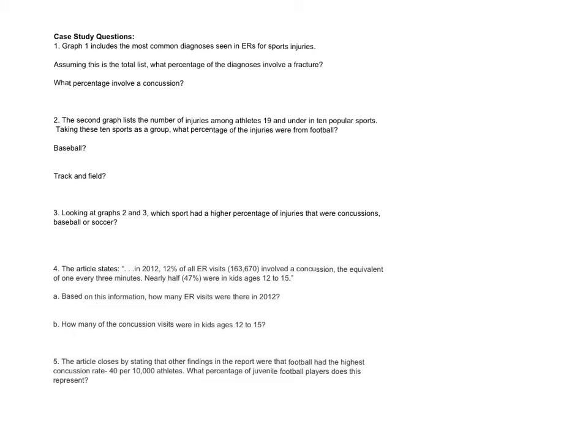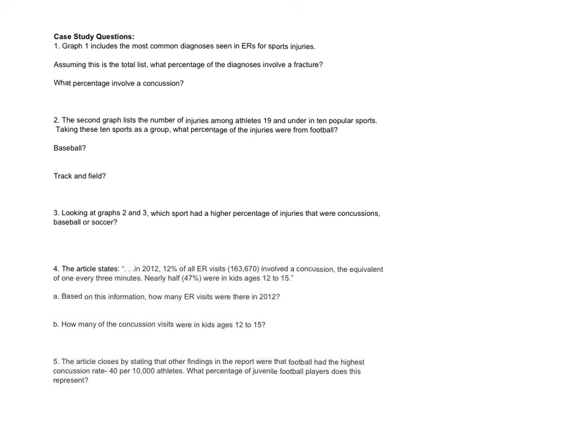So do your best to write out where you're getting the information and how you're computing your percentages and answering the questions. Okay? So write out as much as possible. Write out as much as you can about where you're finding the information. Label it.